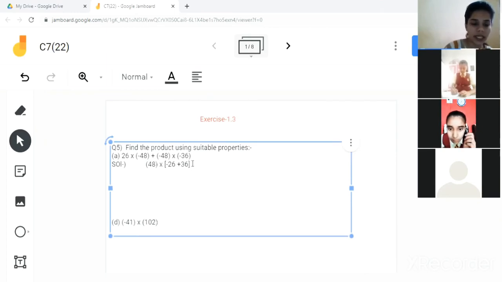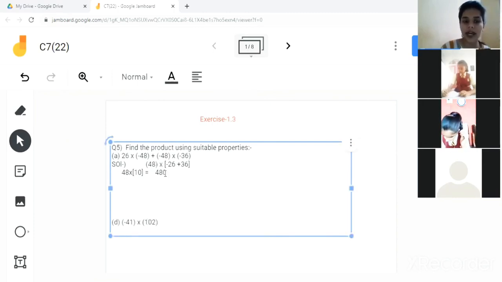Now 48 multiplied by 26 plus 36 will give 100. Now it will be very easy for us to multiply: 4800. So this will be our answer, children.